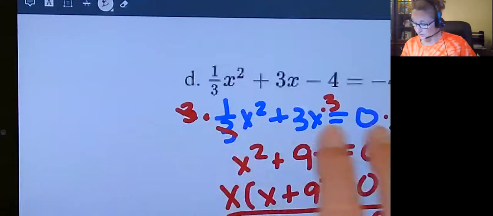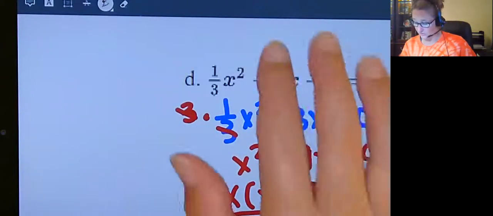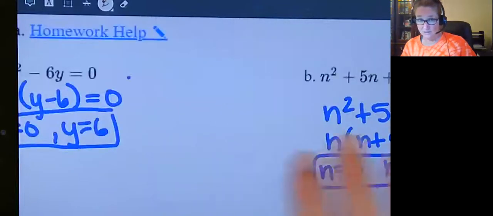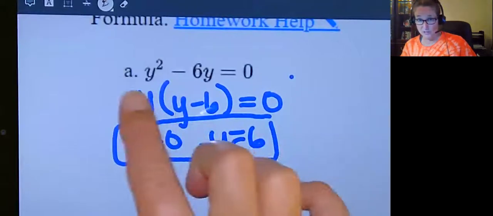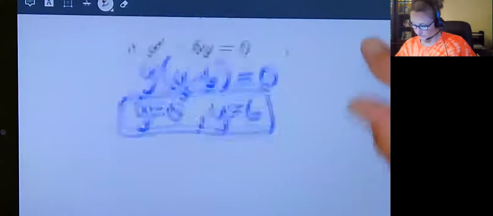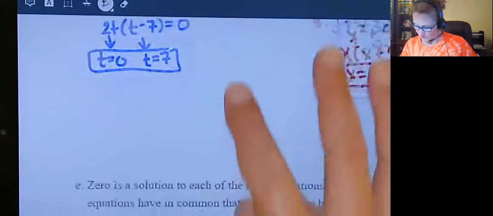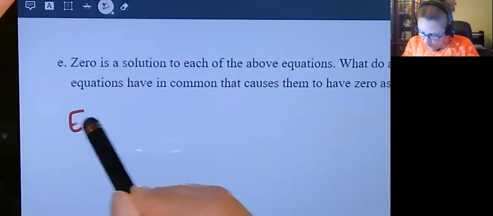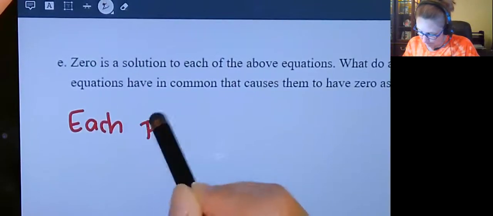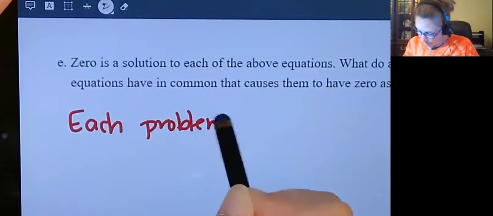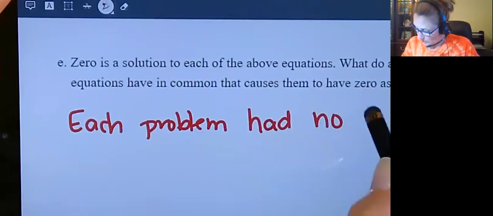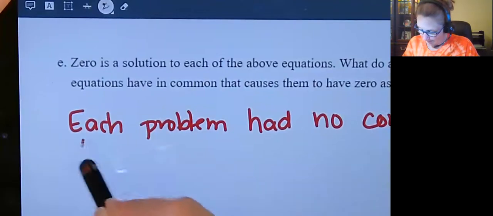All of them were just my n squared and my n, or my y squared and my y, with no constant. So each problem had no constant term.